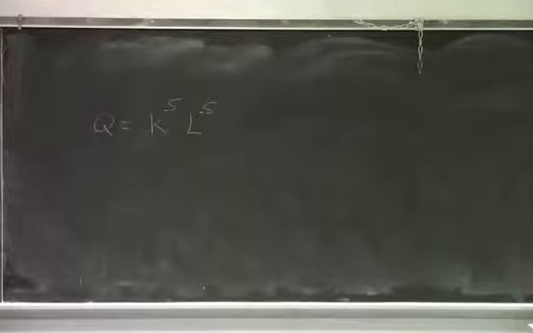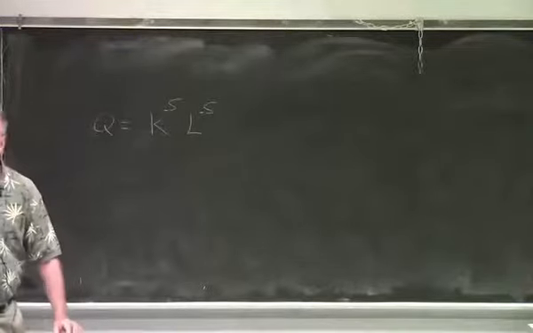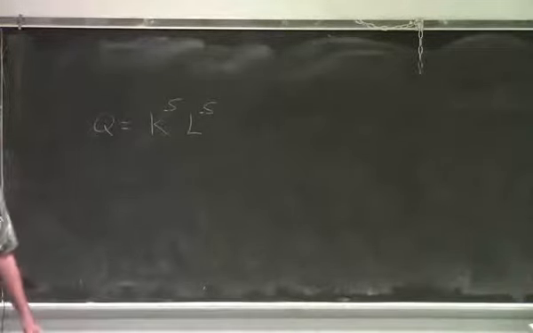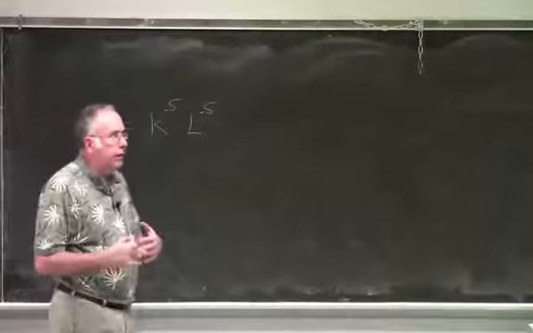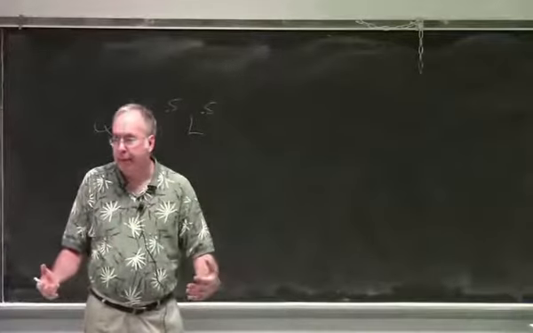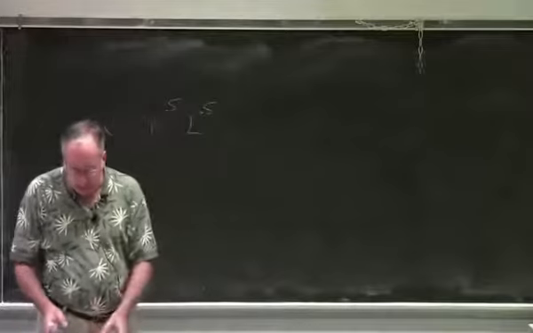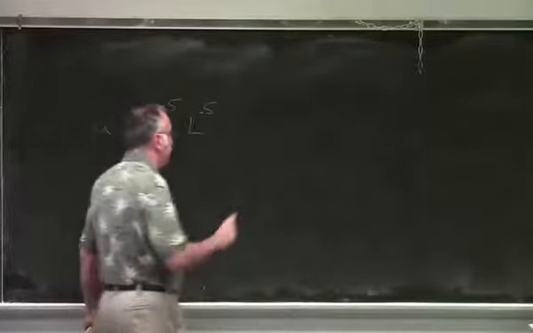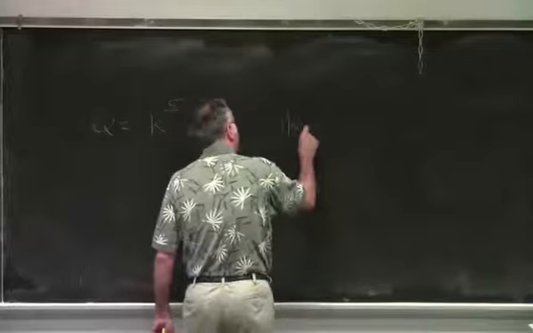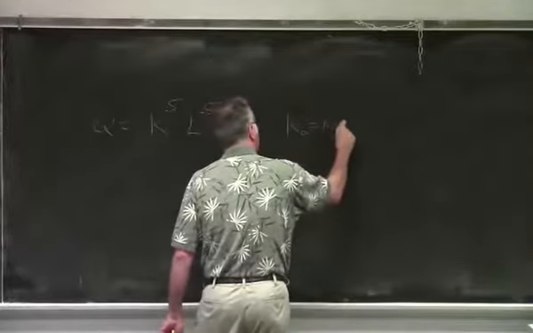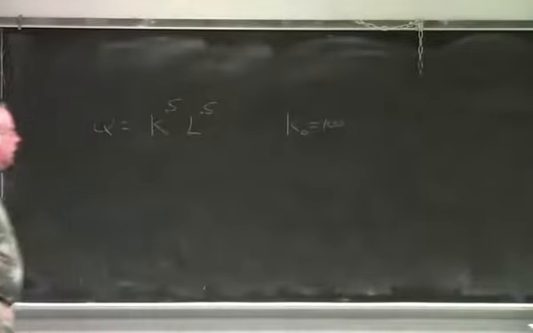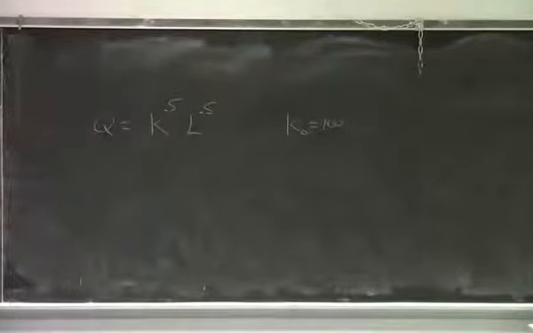Now, in the short run, capital's fixed. In the long run, the firm can adjust the amount of capital they use, but in the short run, let's say the capital's fixed. And in this problem, let's assume the capital is fixed at 100 units. Labor is variable, however.